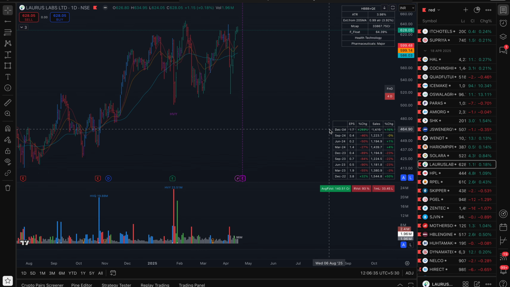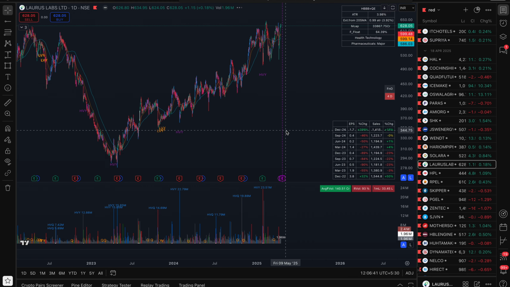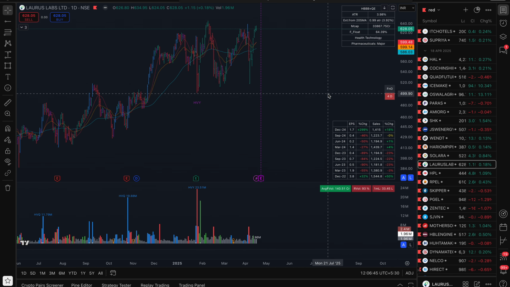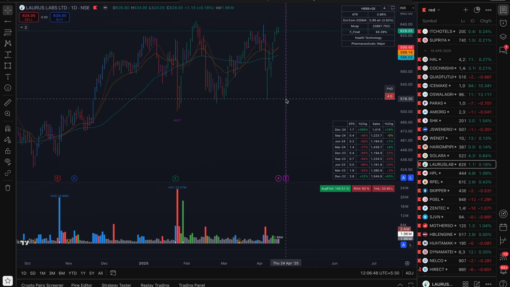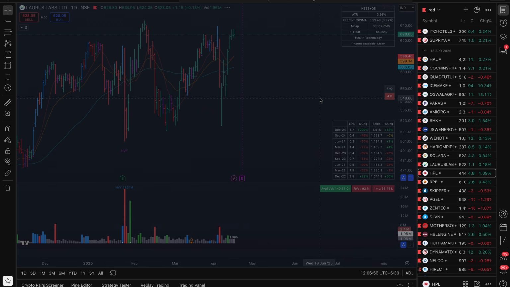But suddenly, December 24 is when it starts to. So, who knows? This could do better in the coming days once this base gets taken out. I'd also be very interested in the results, which are due next week on April 24th. So definitely watching this space.